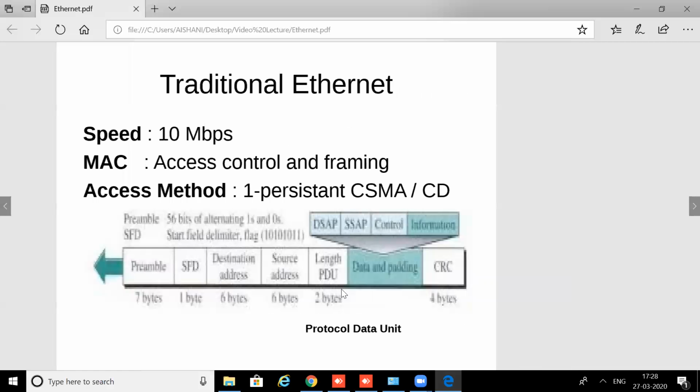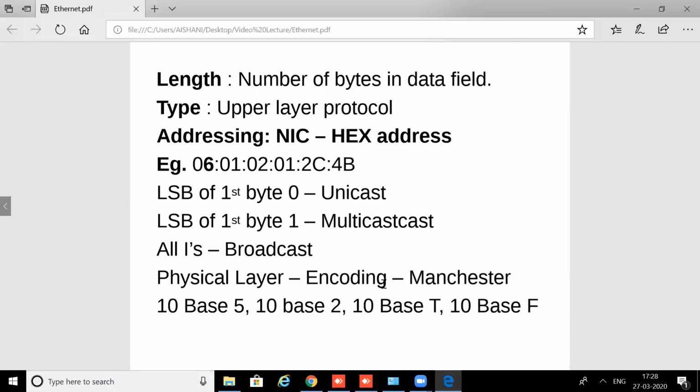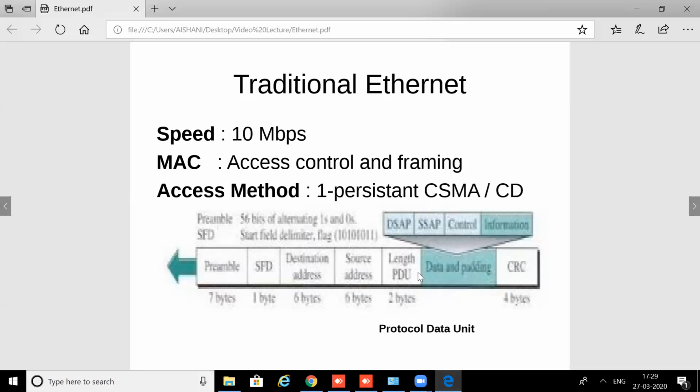The next field is the length field. PDU is the protocol data unit. The length field is where the number of bytes in the data field is written. The next field is the data field, and the size of the data is specified in this length field.